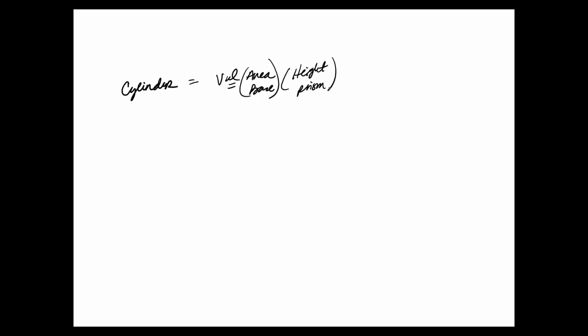Height of the prism, right? Surface area of a cylinder is going to be area of a circle, which is pi r squared times 2, because there are 2 of them, plus the area of this thing, which is base times height, correct?